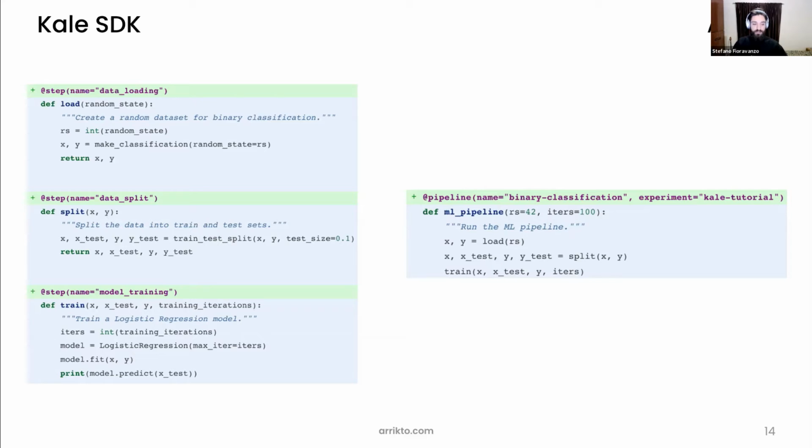So all you need to transition from local Python functions to a scalable and parallelizable KFP pipeline is just two decorators, step and pipeline.